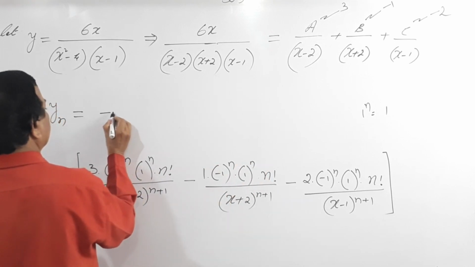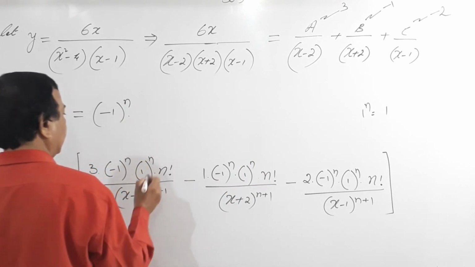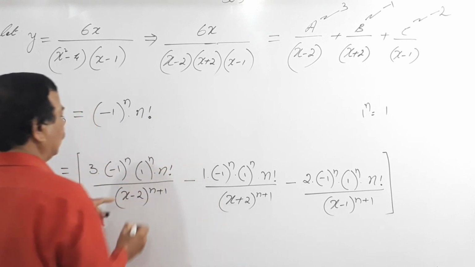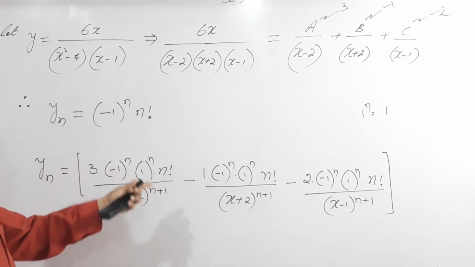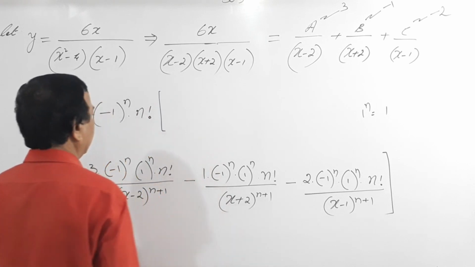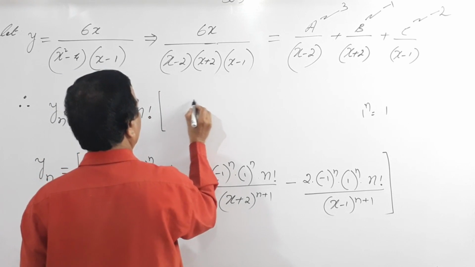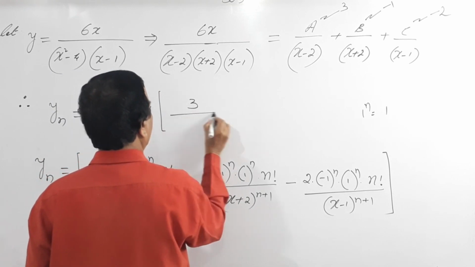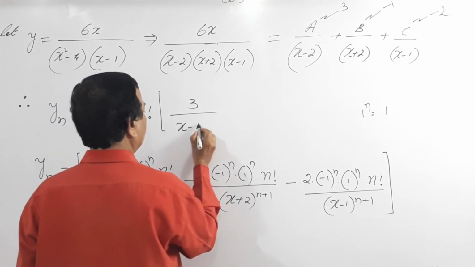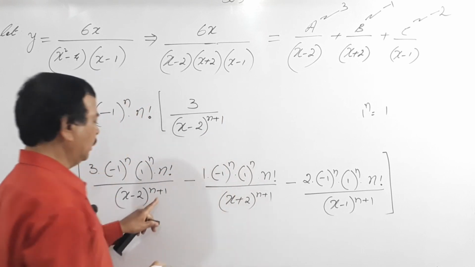So this is minus 1 to the power of n into n factorial. 1 to the power of n is nothing but 1, so you can just ignore it. I have taken these things common. So what is left here? You are left with 3 by (x minus 2) to the power of n plus 1.